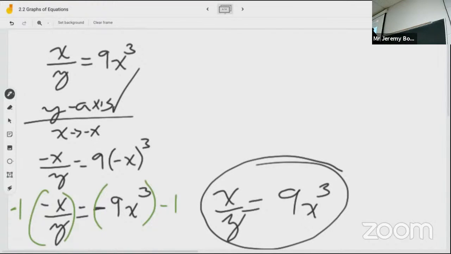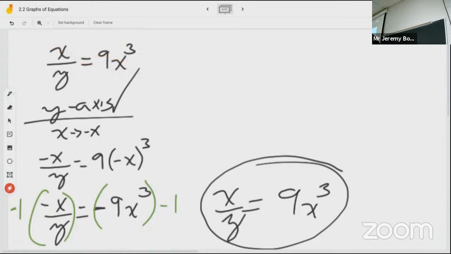Any questions on that? The reason I did this one is because it doesn't look like the other ones. So if you notice, the pattern is when the x was raised to an even power, right? That really kind of made it the y-axis. This one is actually equivalent to the x being raised to an even power because you got this one here and this one here. If you were to get the x's on the same side, it would just be an x squared.